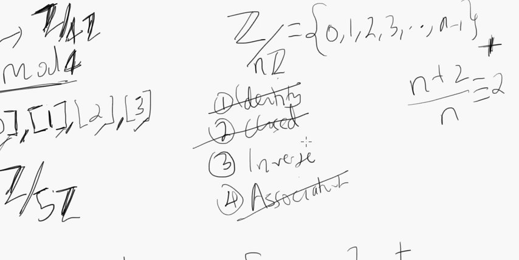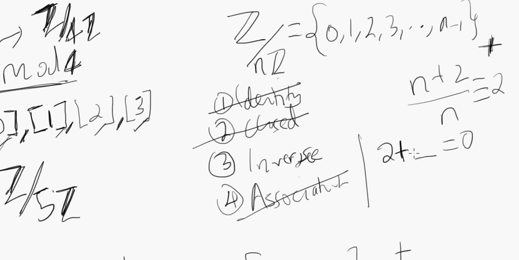Well, let's talk about inverses, right? Inverses is the other thing we need to think about. Well, just like before, if I pick any number in this list, for example, if I pick 2, I'm looking for something which, when I add to 2, I get an answer that's divisible by n. Because if it's divisible by n, then I'll get a remainder of 0. Because I'm supposed to add 2 plus something to give me 0.